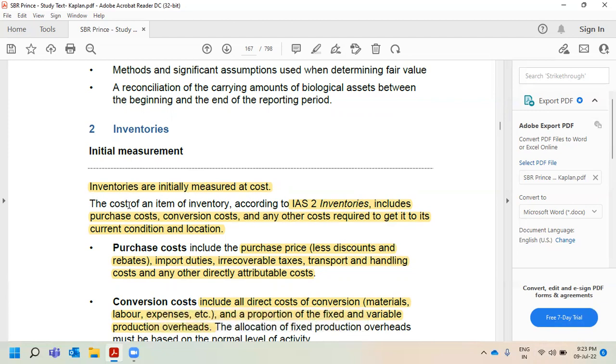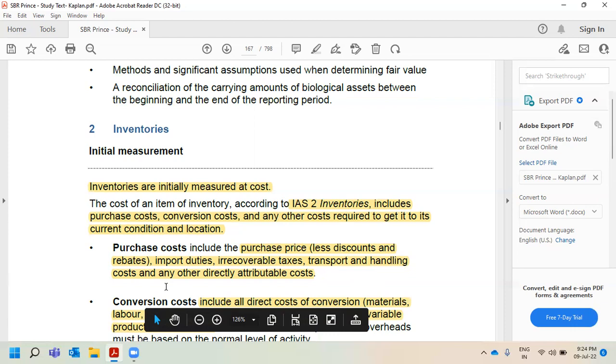When the order is delivered at my place, I will record this inventory at cost. This cost comprises the purchase price less discounts and rebates I receive, as well as import duties, recoverable taxes, and transport and handling costs if I am incurring them.